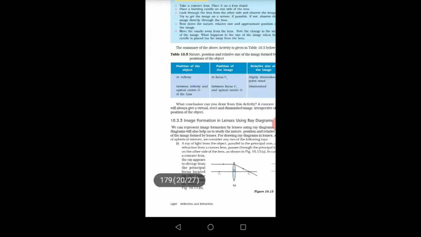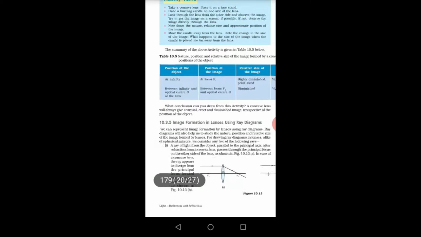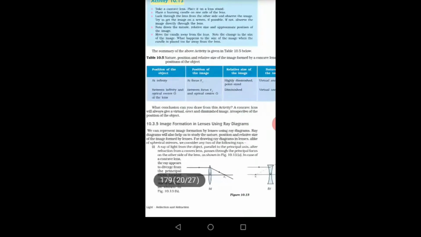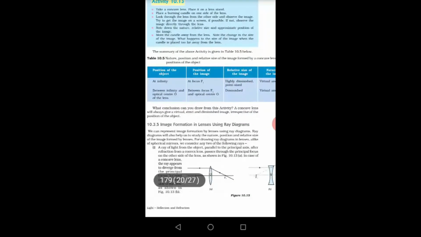And case number 2, between infinity and optical center, it means the object lies between optical center and infinity, anywhere. The image is formed between focus and optical center.